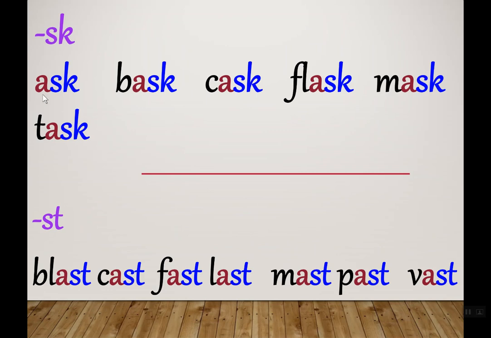After A, we have the consonant cluster SK. Let me remind you, a consonant cluster refers to a set of two or more consonants. So in all these words, you have the consonant cluster SK after A. These words take on the R sound.